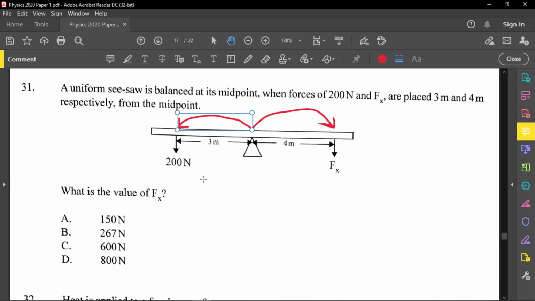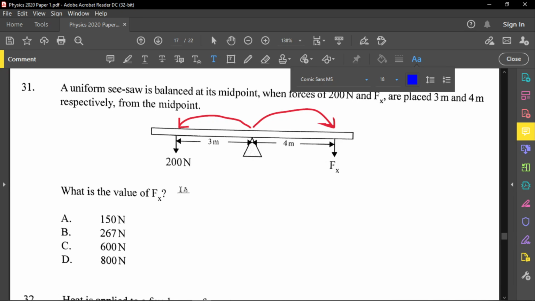Okay, all right, so if the clockwise moment is equal to anti-clockwise moment, then from this we can safely say that 200 newtons multiplied by 3 meters is equivalent to F. Let's just say F and leave the X alone.